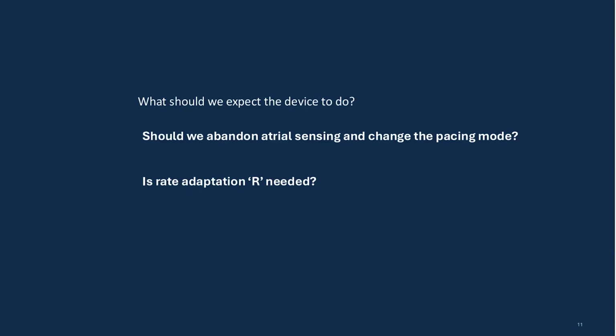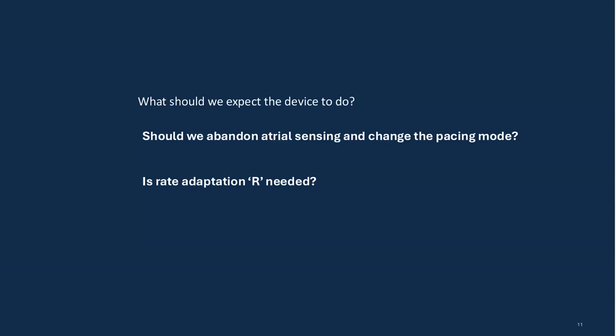And we will adjust the rate response for this patient. If there is already an automatic mode switch to VVIR, and the heart rate is very high, 90 to 110, we will adjust the parameters of rate response accordingly, to adjust it according to the patient's need.